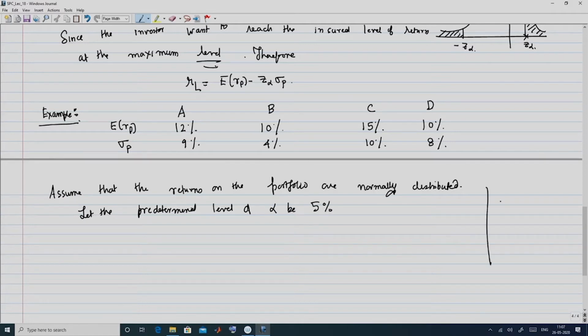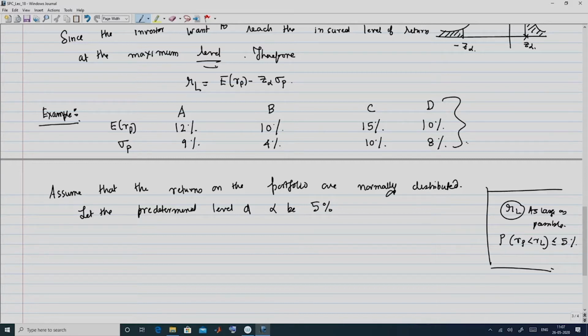This means that you want to find your RL to be as large as possible, while at the same time ensuring that the probability of the return of the portfolio being less than this level RL is less than or equal to just 5%. Okay. So, now we have set up this example with these 4 portfolios, and I have specified my predetermined level of alpha.